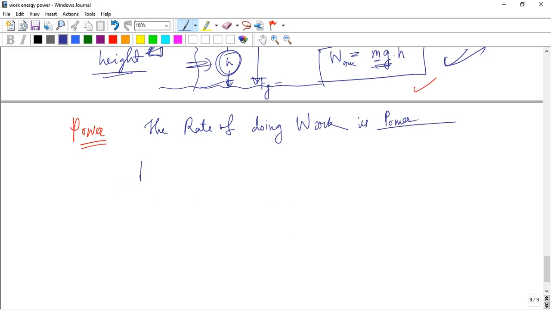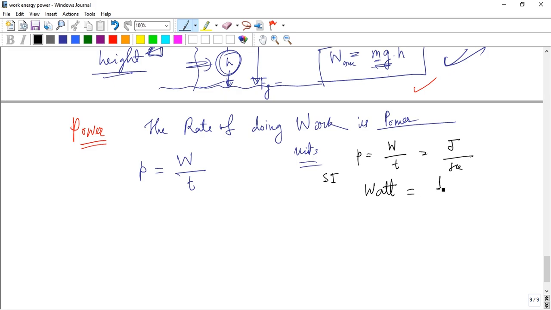So P equals W by T, work done by time. If we calculate the units, we know that the SI unit of W is joule and of time is second. So joule per second is called watt. The SI unit of power is watt, equal to 1 joule by 1 second.